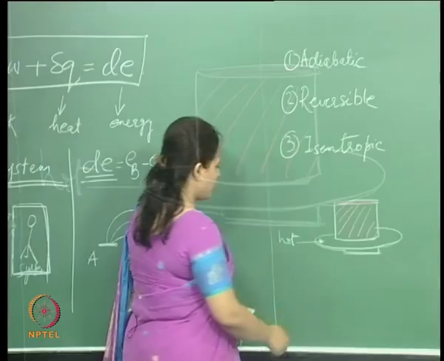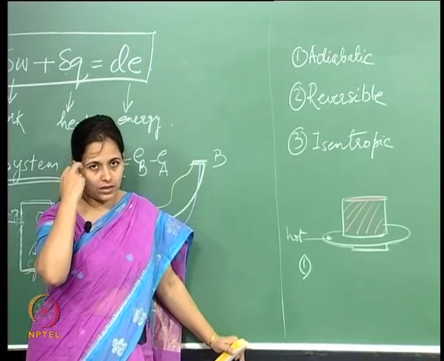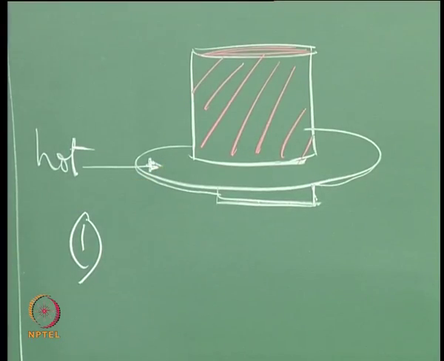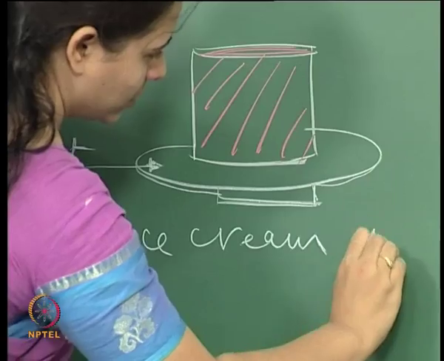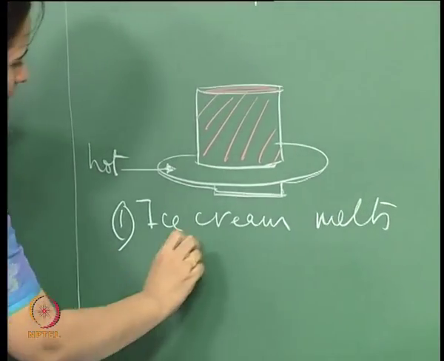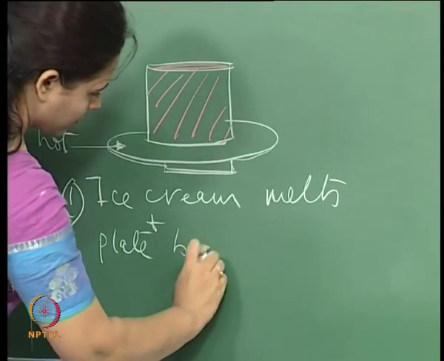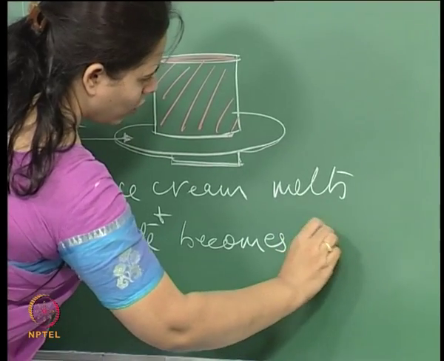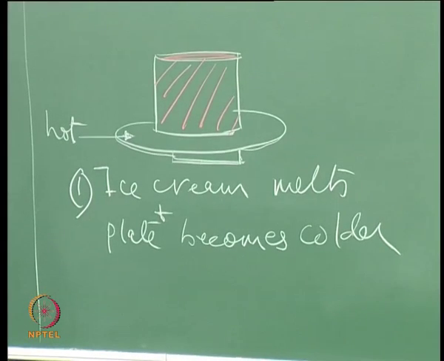One scenario is that the ice cream melts, and the temperature of the plate drops slightly, so the plate becomes colder. That is one scenario.